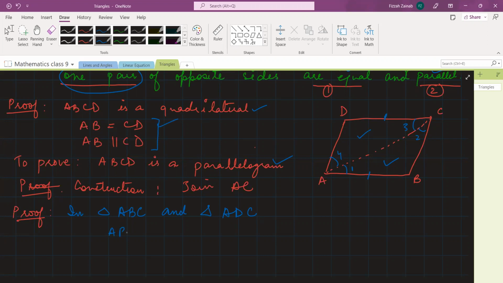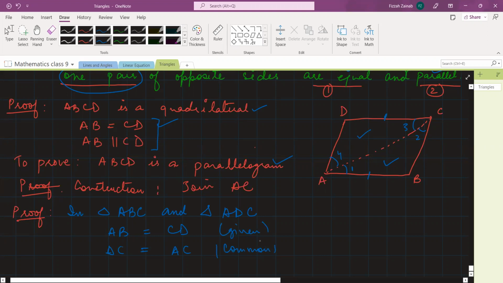Use it: AB is equal to CD, isn't it? Then I can see a common side. AC is equal to AC, which is common, right? This is given.